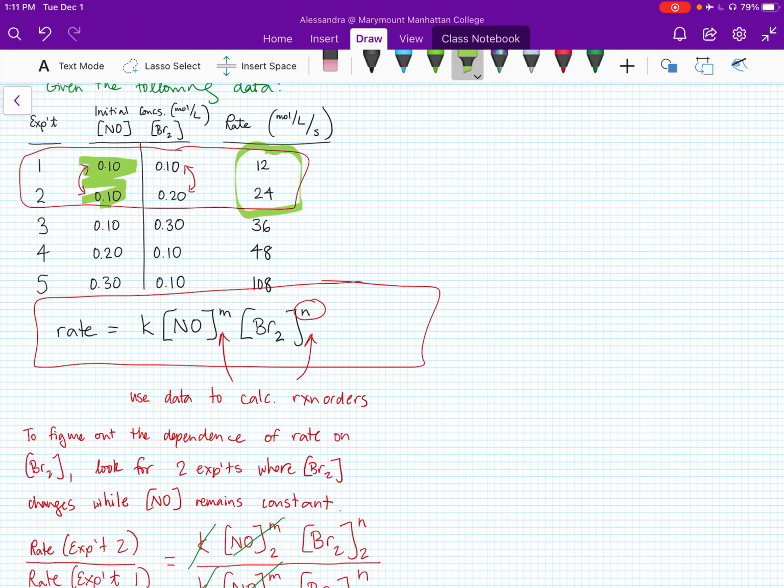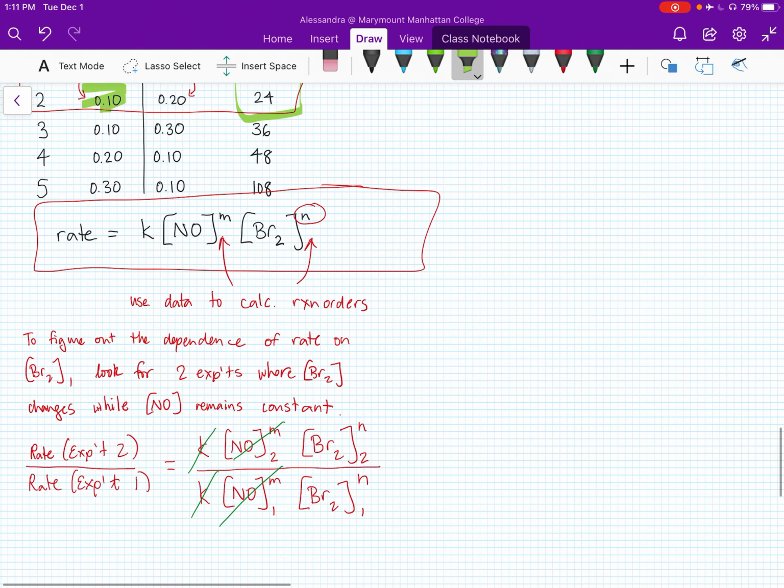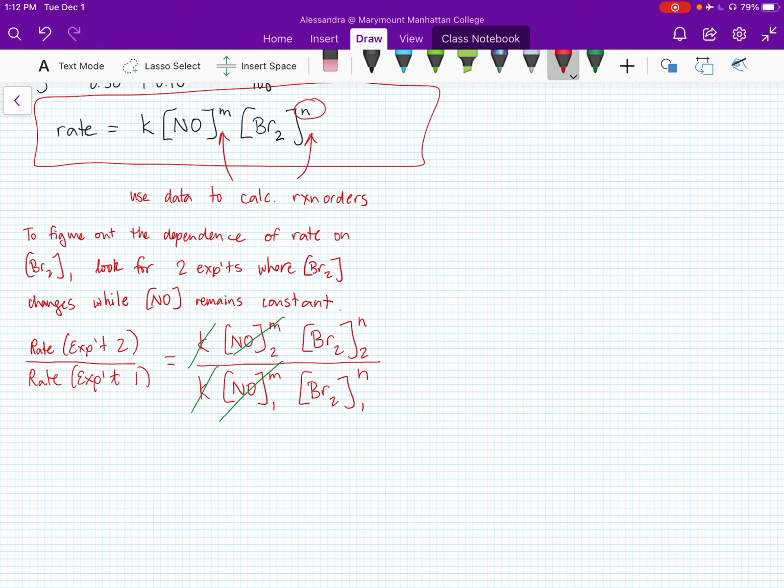So this clever selection of two different experiments enables me to set up the data using the rates. The rate of experiment 2 is 24 moles per liter per second. The rate of experiment 1 is 12 moles per liter per second. So I can put in 24 moles per liter per second over 12 moles per liter per second. That's the rate of experiment 2 over the rate of experiment 1.